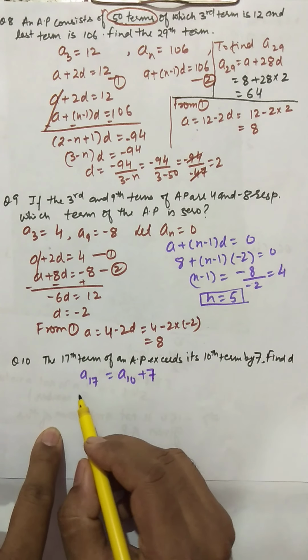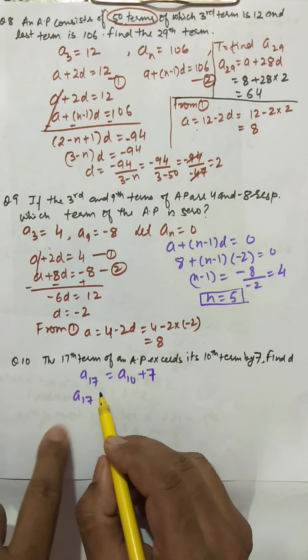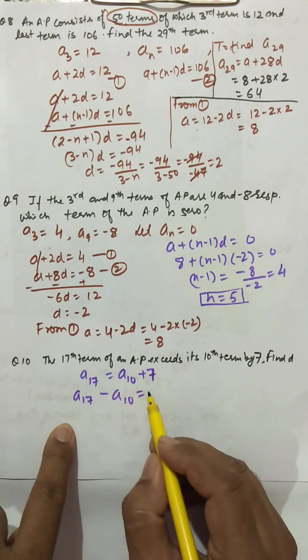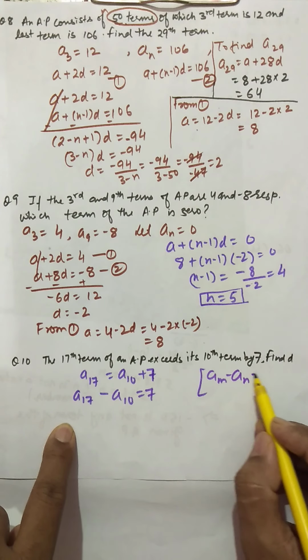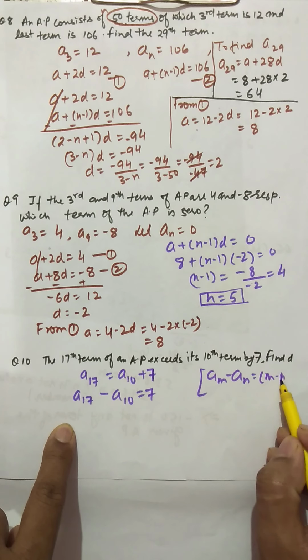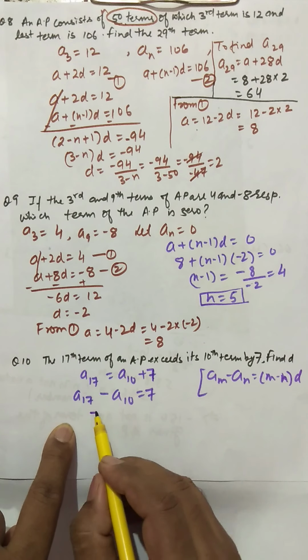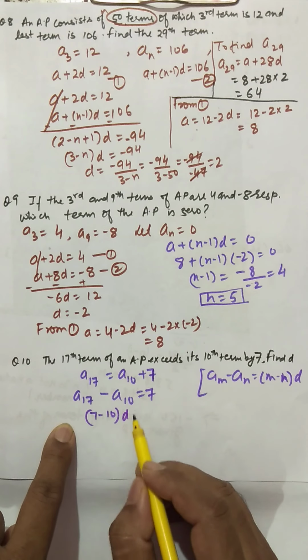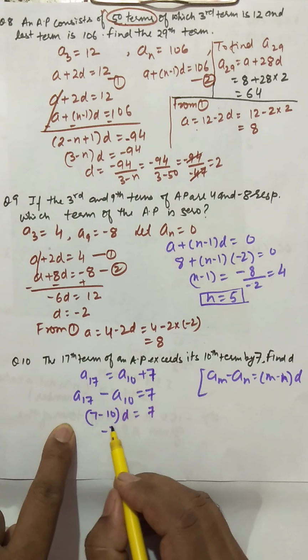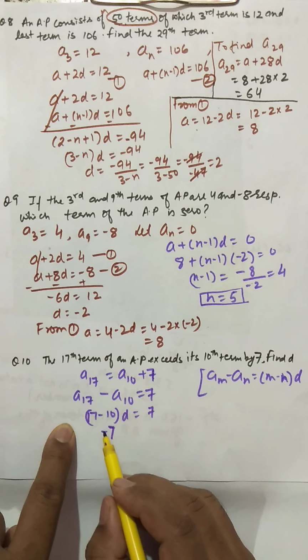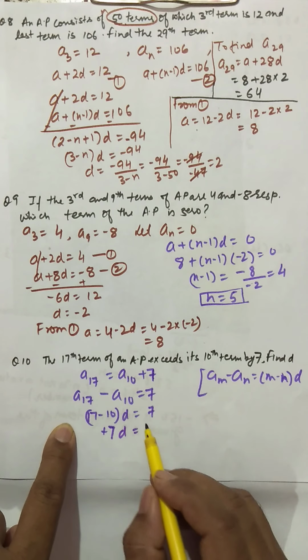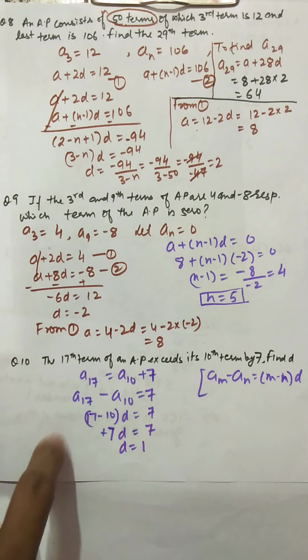And this is very easy because you know some formula that a17 minus a10 is equal to 7, and I gave you the formula that am minus an is m minus n into d. So you can apply here 17 minus 10 into d equal to 7. So this is going to be plus 7d, and this is 7, so d is going to be 1.